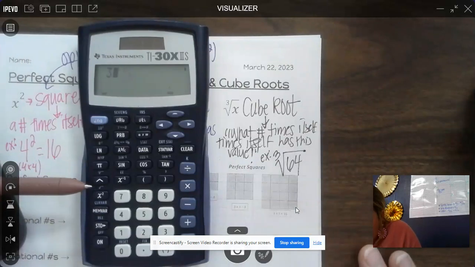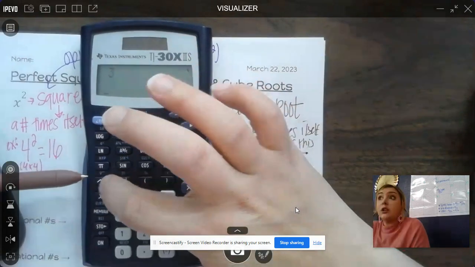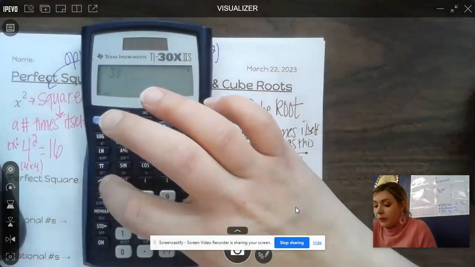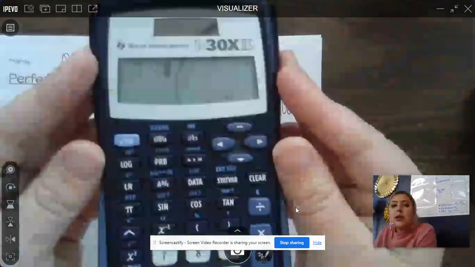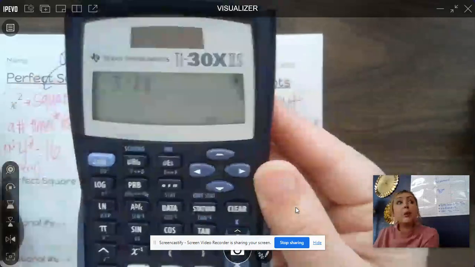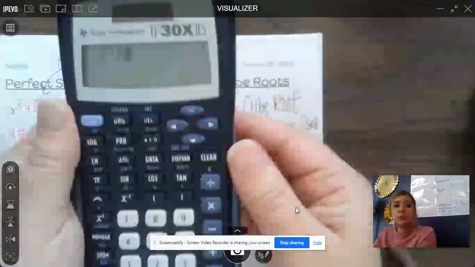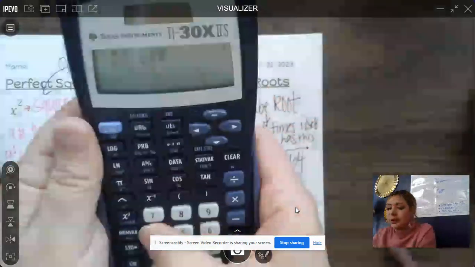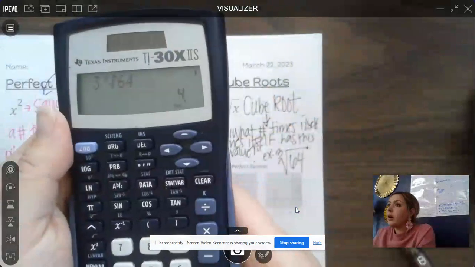If you look right above it at that up arrow button, it is a radical symbol that has an X above it that kind of looks where the 3 would be for cube root. We're going to press that one. And then if you look at your screen, we should get 3 with that little exponent, the square root symbol, and now we can put anything in this value as cube root. So the cube root of 64 has a value of 4.